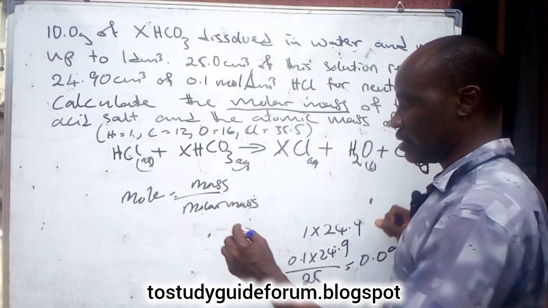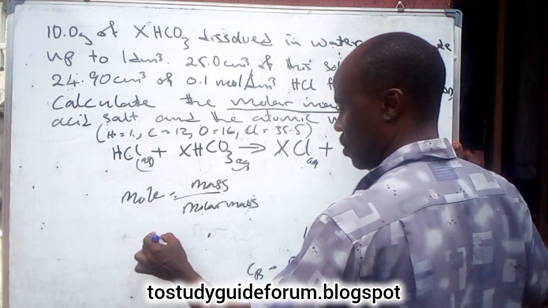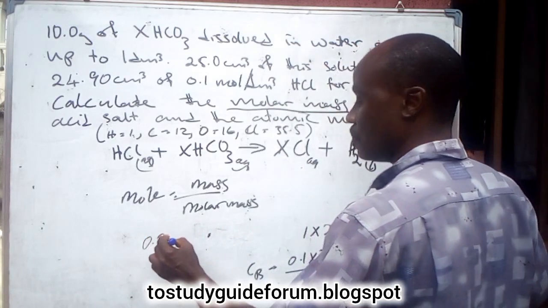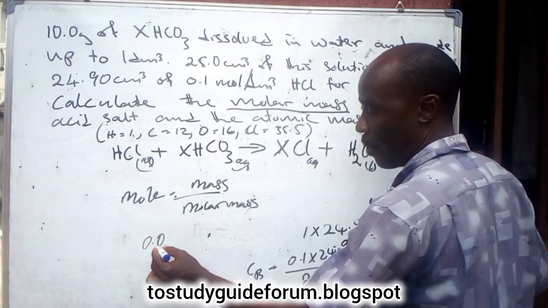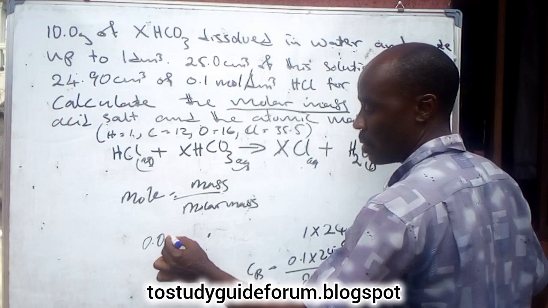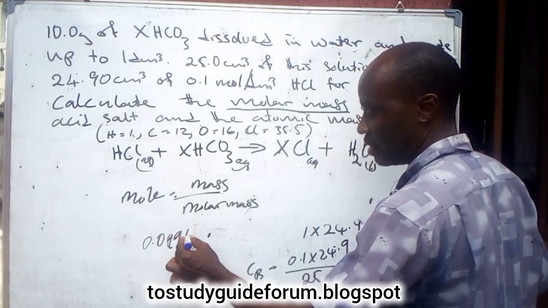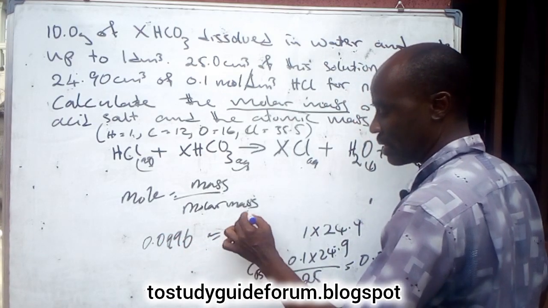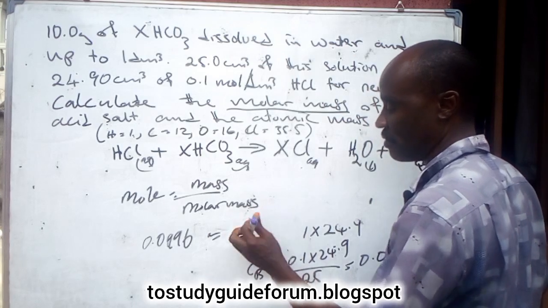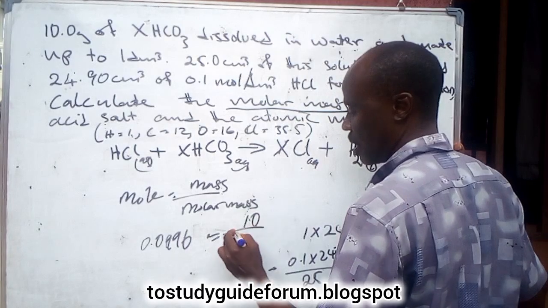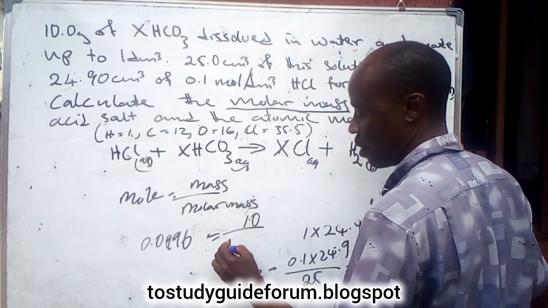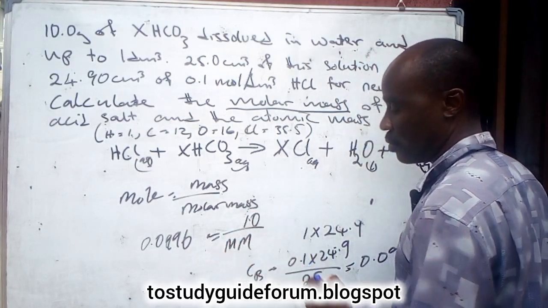It's very, very important in chemistry calculation. So we know that the mole concentration here is 0.0996, equal to the mass, which is 10 grams, over the molar mass, which is the one we don't know. I use mm to represent it.